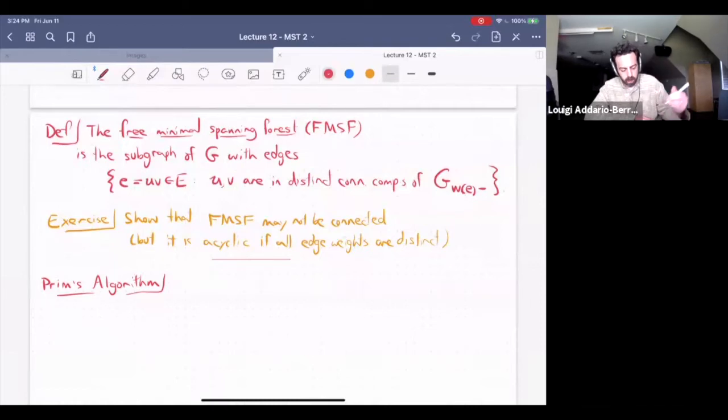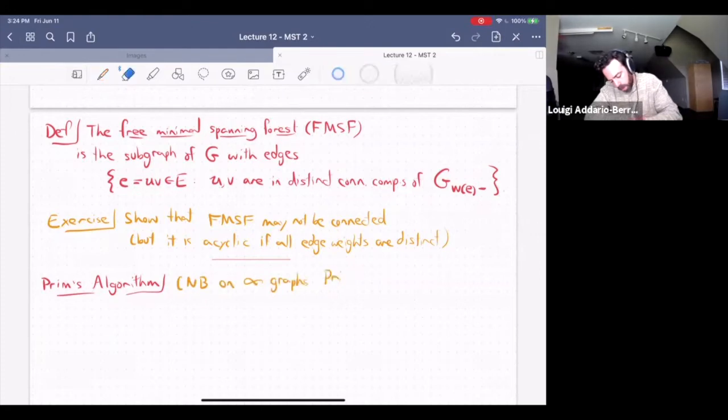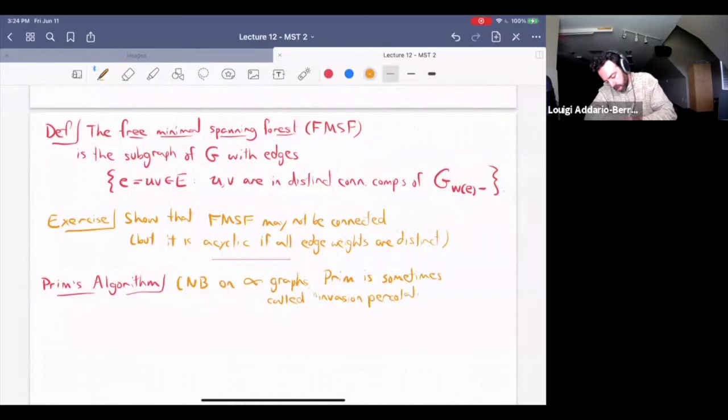Before I say that, let me note that on infinite graphs, Prim's algorithm is sometimes called invasion percolation, which in some ways I prefer as a name, because my preference is to give things names that describe what they do more than name them after people.